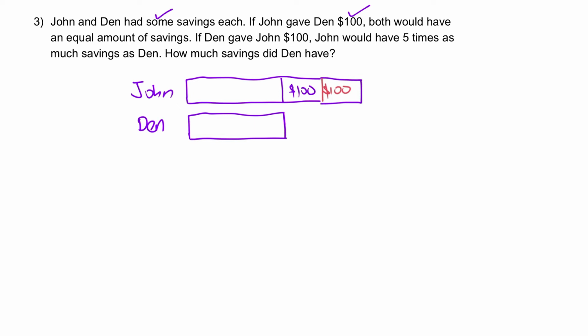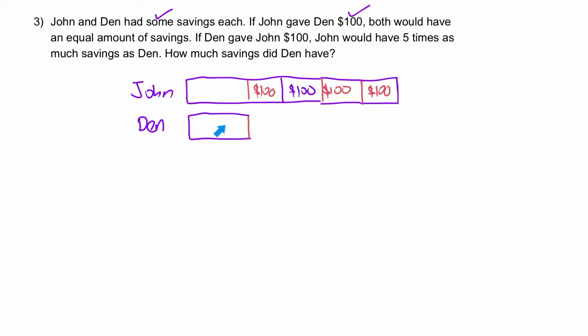Dan is going to give this $100 right now to John. Before I shift, this equal portion here must also be 100. So right now, Dan is going to give this 100 to John. Here. And then we have the missing value here.